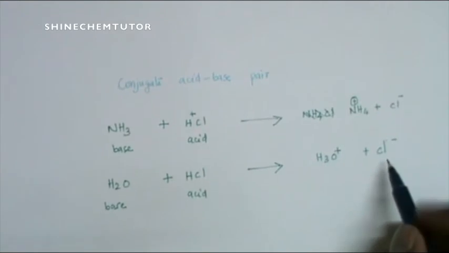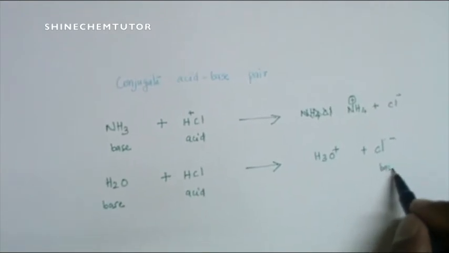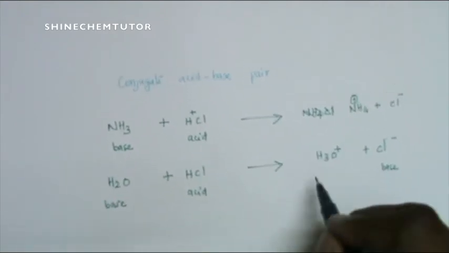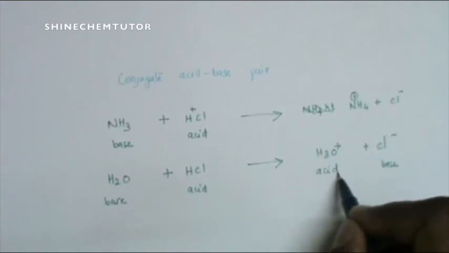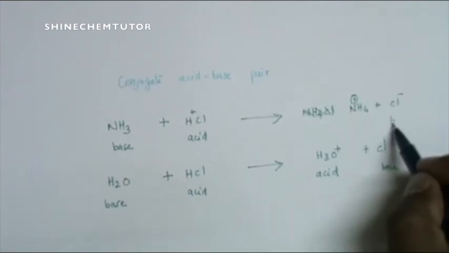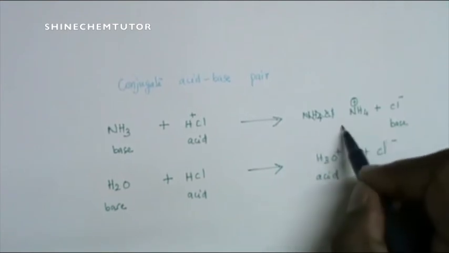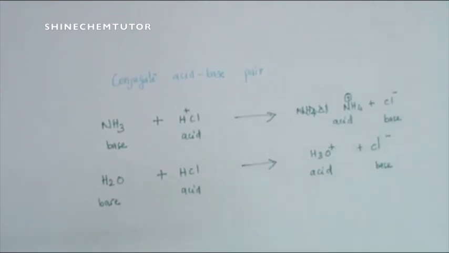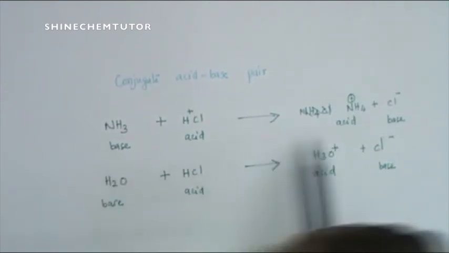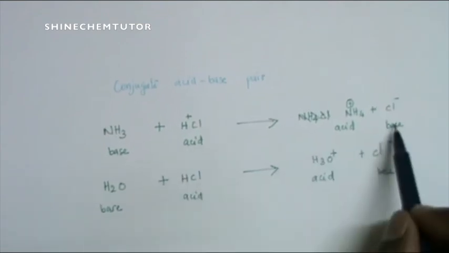Since it carries minus charge, this is base. This can donate proton, so it is acid. Similarly, this is base, this is acid. Now the base becomes acid, acid becomes base.